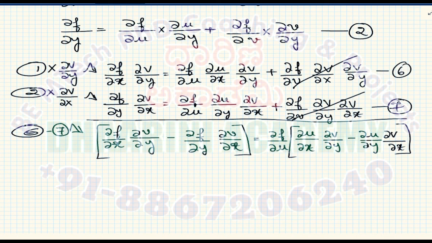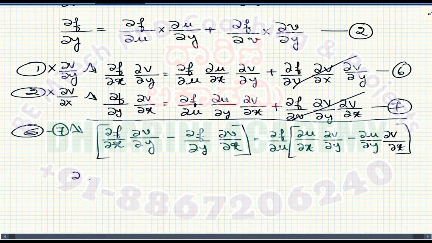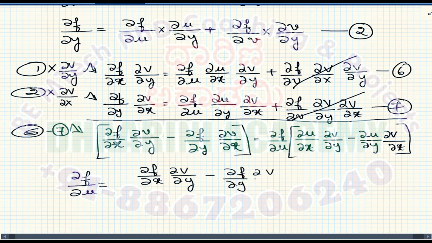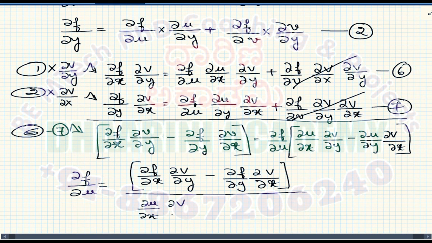Therefore, I can write the final answer, that is ∂f/∂u is equal to ∂f/∂x into ∂v/∂y minus ∂f/∂y into ∂v/∂x, whole divided by this, ∂u/∂x into ∂v/∂y minus ∂u/∂y into ∂v/∂x.